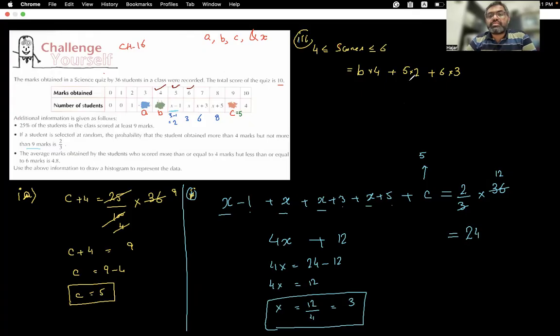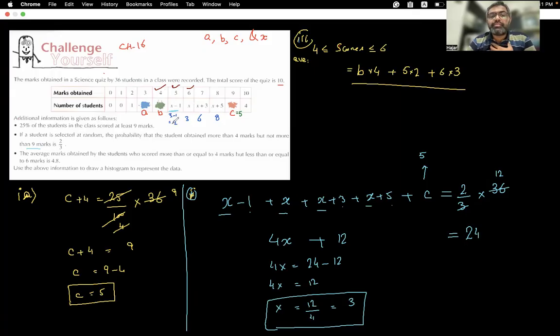And the average of these marks is equal to 4.8. So how is average calculated? We sum everything and divide by the total number of students. So we have to divide by the number of students who scored 4, 5, or 6 marks.